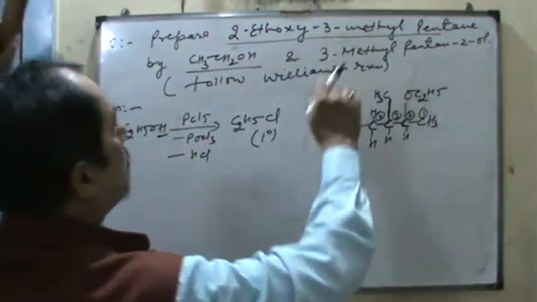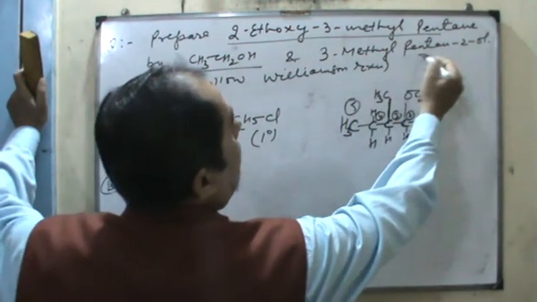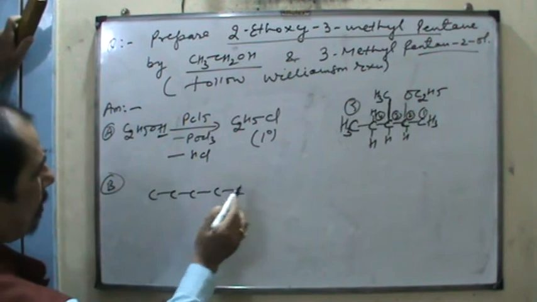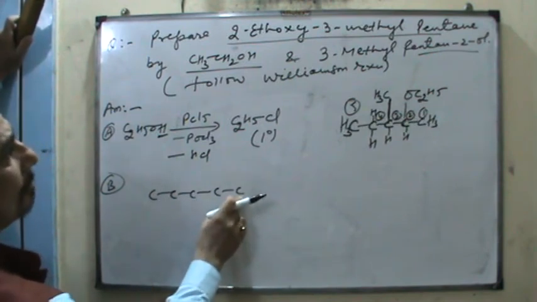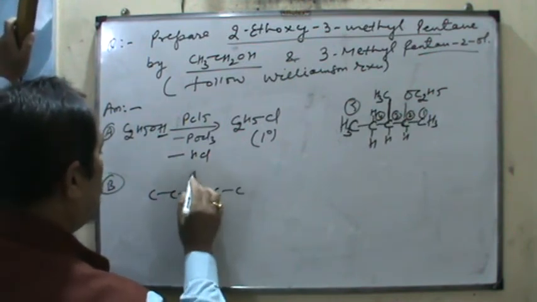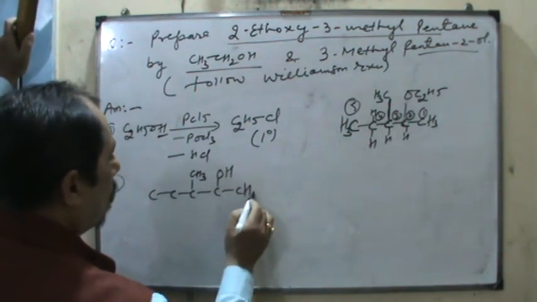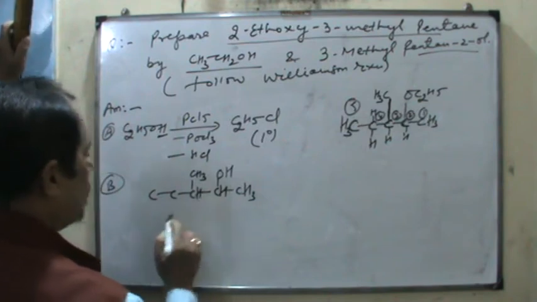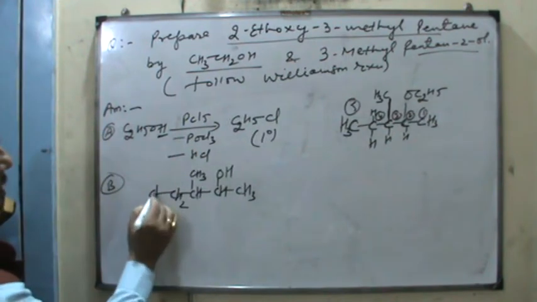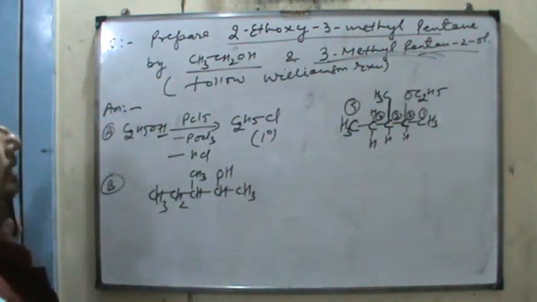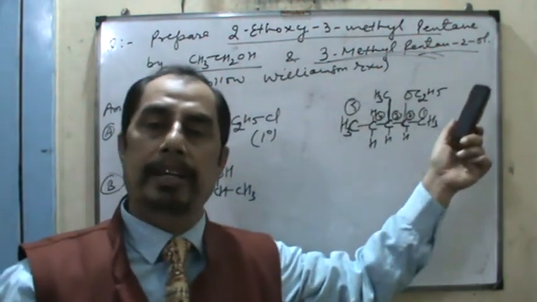Second is 3-methyl pentan-2-ol. You write here 1, 2, 3, 4 and 5: 3-methyl pentan-2-ol, CH3, CH(OH), CH(CH3), CH2, CH3. Another reagent is given here. So ethanol is given and 3-methyl pentanol is given.